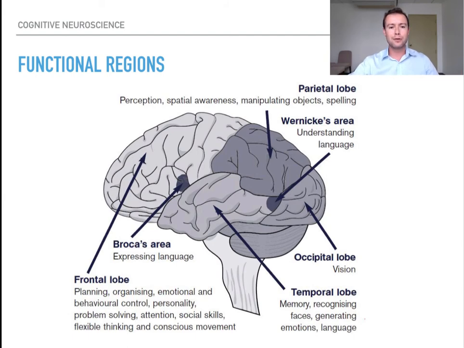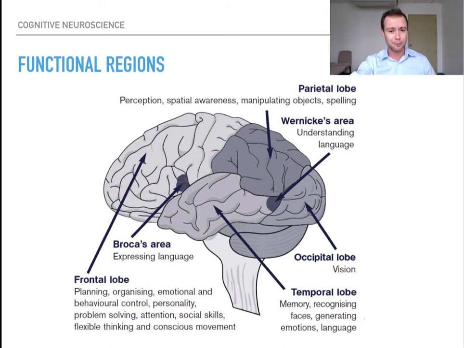It's going to require a real integration of various parts of the brain working together, more like a coordinated orchestra. But there might be one region that is key in integrating all of this information.